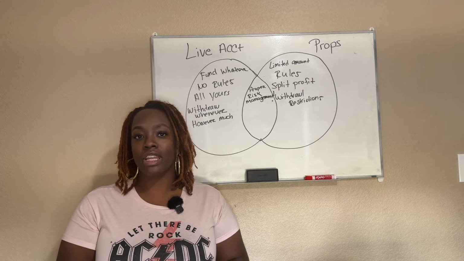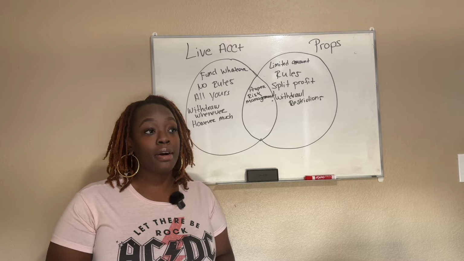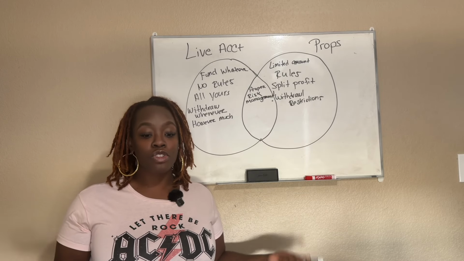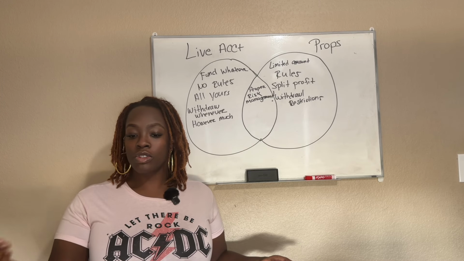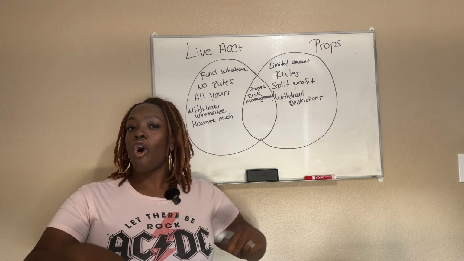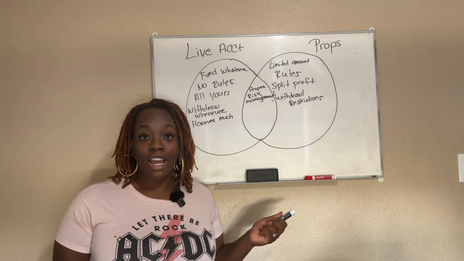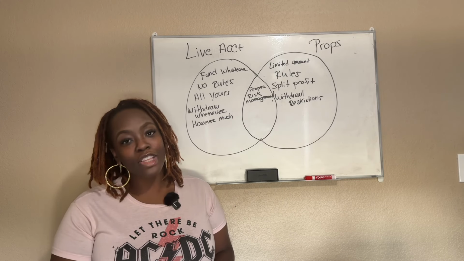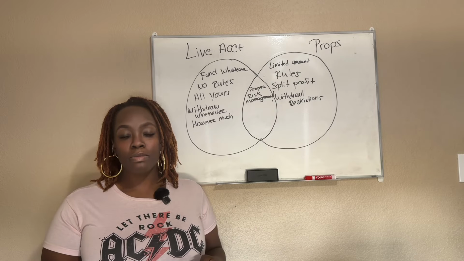Why? Because if you're over trading or over leveraging on a prop firm, you lose the account. If you are over trading, over leveraging in your live account, guess what? You're losing all of your money. So no matter what, you have to have proper risk management.